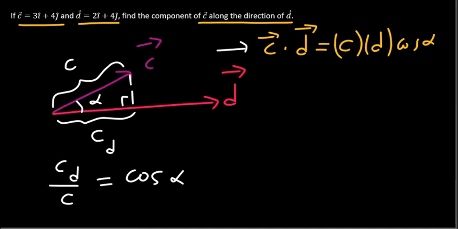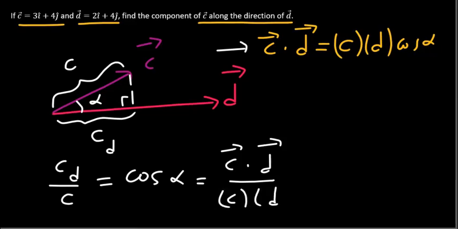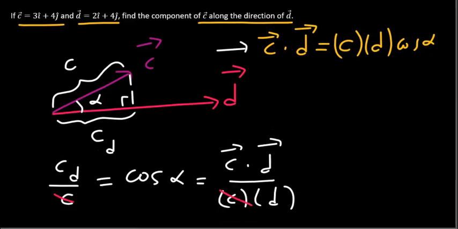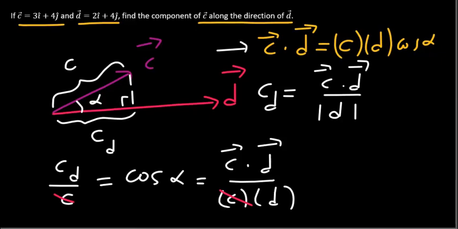So from this result, we can write cosine alpha as C dot D over the length of C times the length of D. So equating this term to that term, you see the C goes away, leaving you with the following result. The component of C along the direction of D, C_D, equals C dot D over the length of vector D. The magnitude of vector D can be written formally like that.